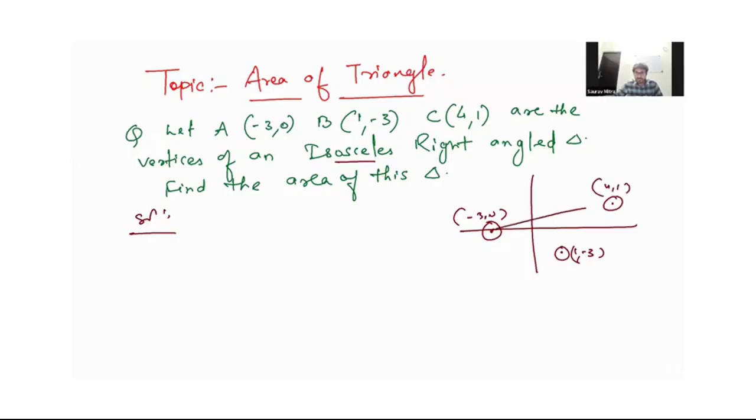So if I join all these points, we will get a triangle. Now after getting the triangle, we will find the area.